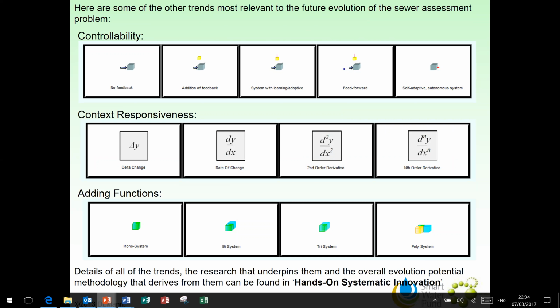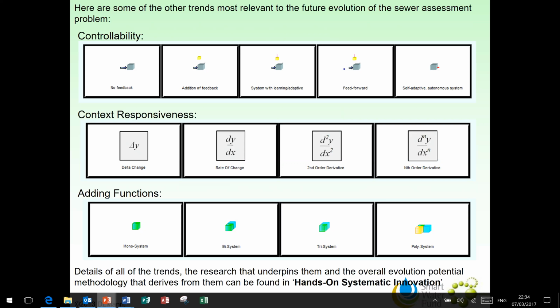Then in the fourth stage, we get feed forward, so the system takes on a predictive capability. And then a fifth and final stage so far is that the human comes out of the loop and the system becomes effectively autonomous. The way we tend to use these trends is you look at where a technology is right now.